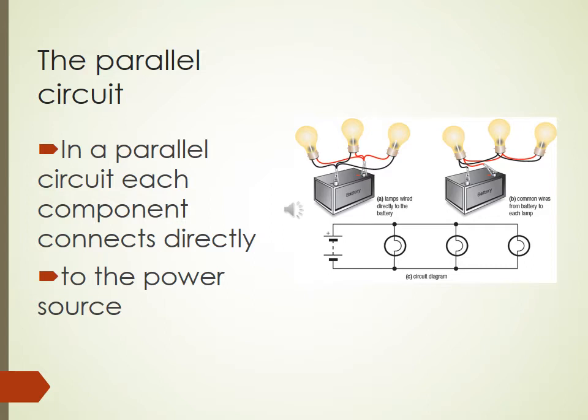The other giveaway is that, assuming it's a 12-volt battery, you can see that the voltage of each of those lamps is 12 volts, so there's a 12-volt potential dropped across each one of those lamps. So the takeaways here are the current splits down each of the branches, and the voltage remains constant across each of the loads.